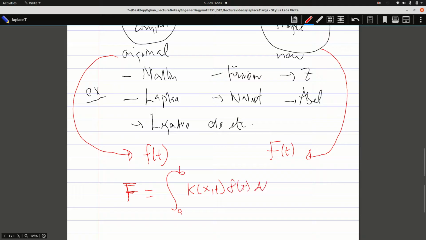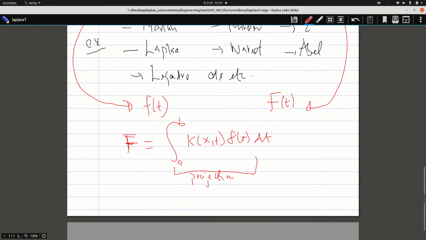So it's a convolution, or it's a projection of the problem onto the kernel. This is your known problem, this is the kernel, and this is your new solution or new problem.